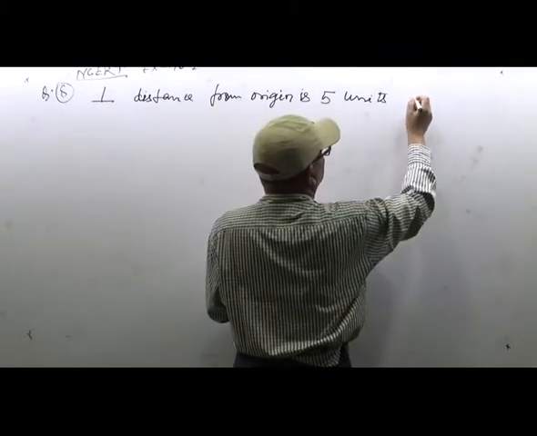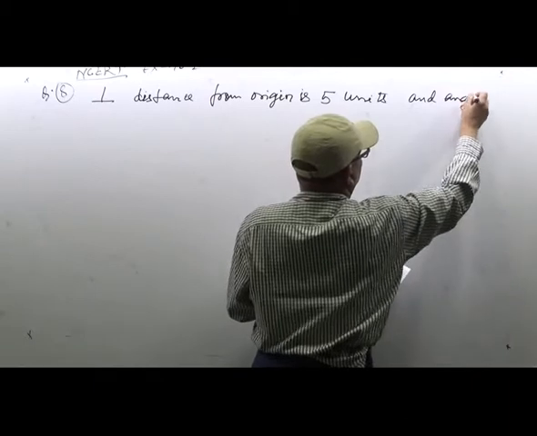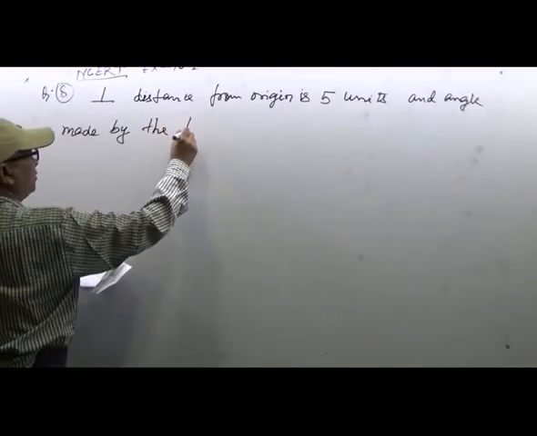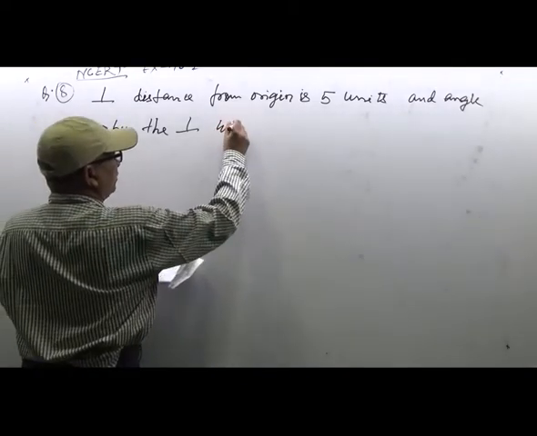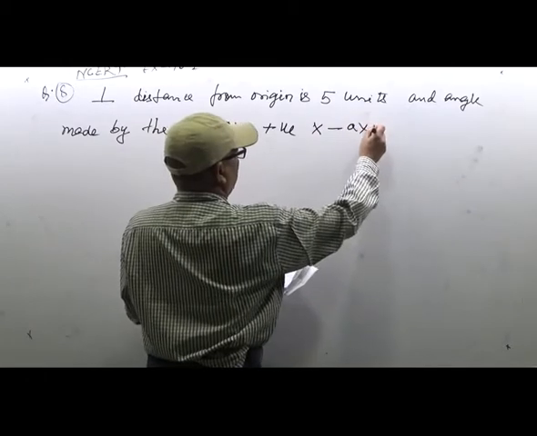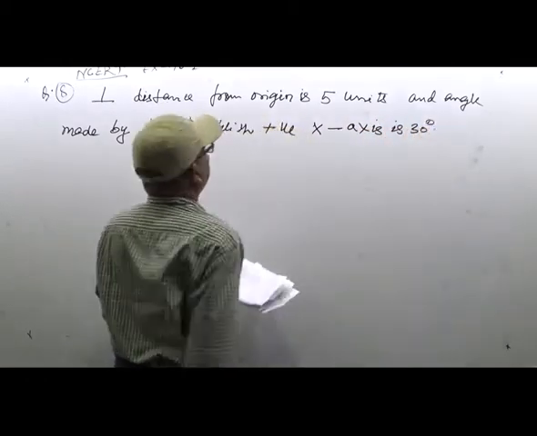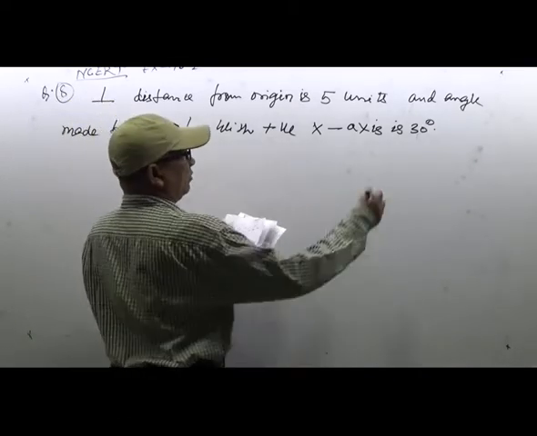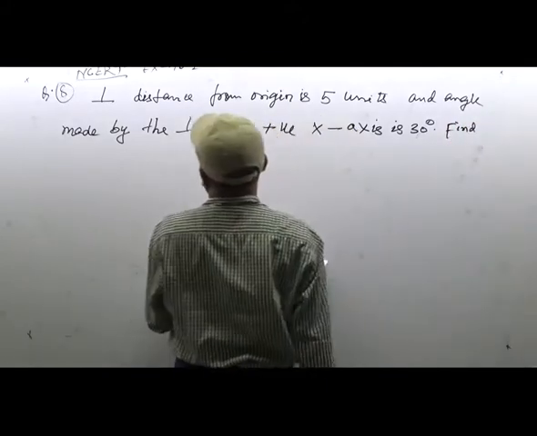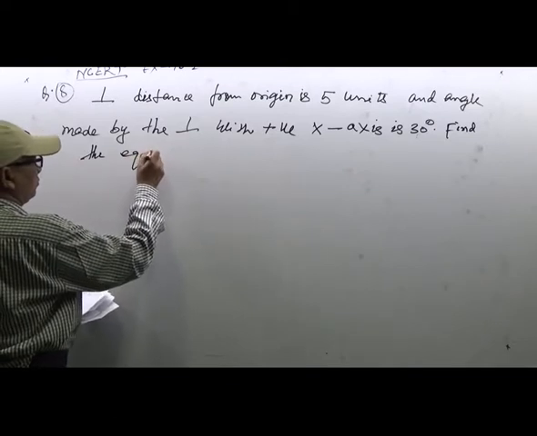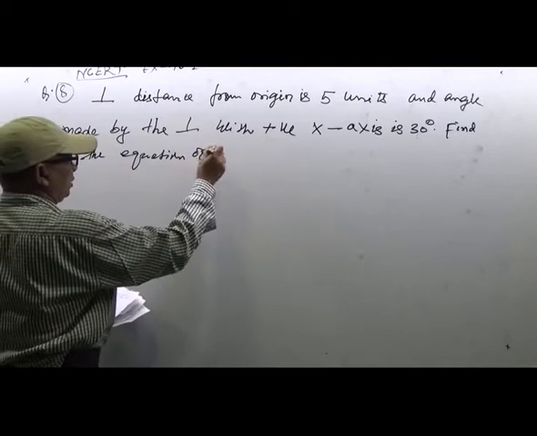And the angle made by the perpendicular with positive x-axis is 30 degree. Find the equation of a straight line.